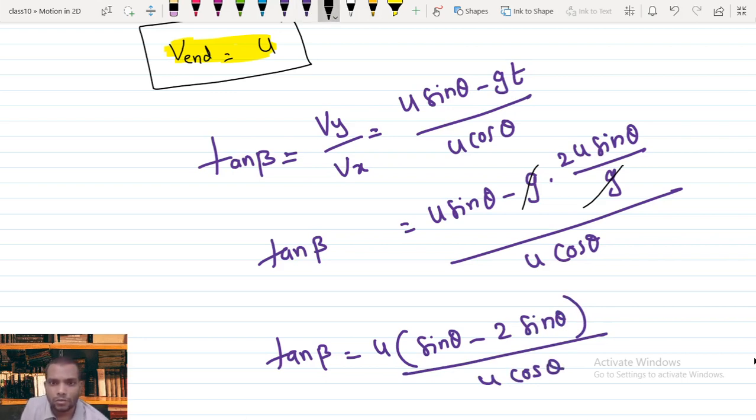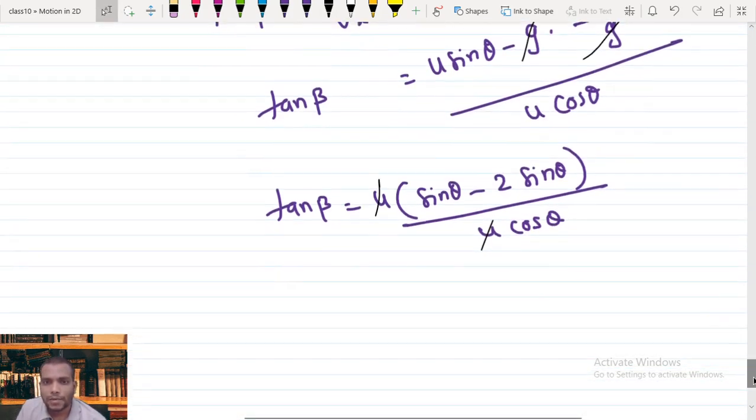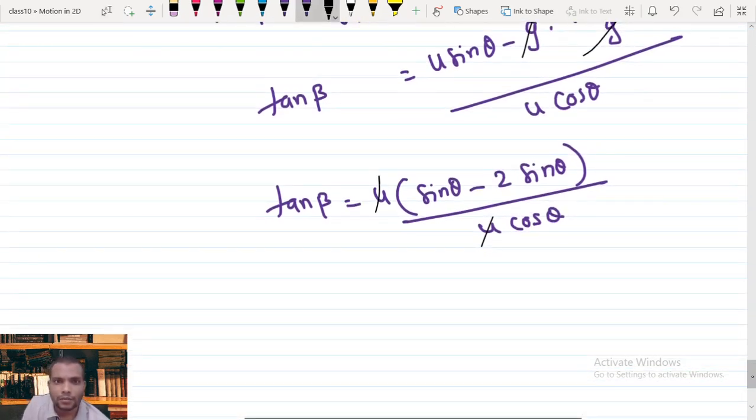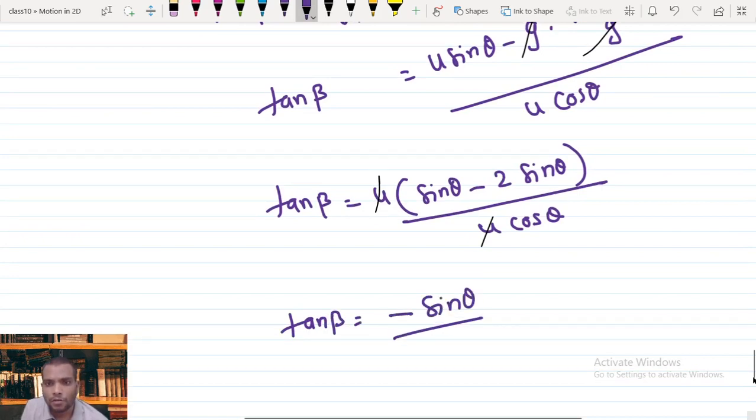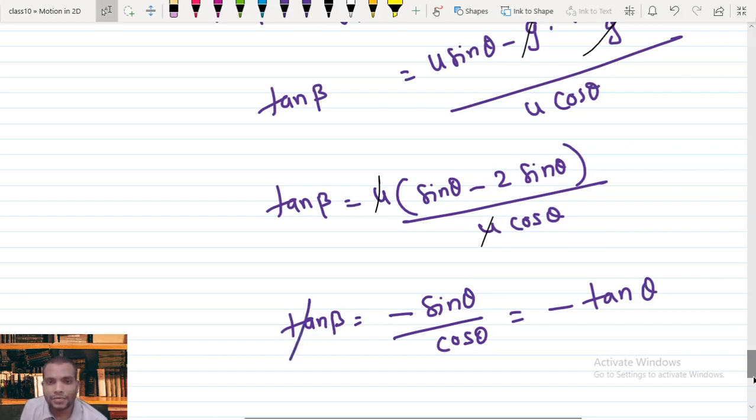Now you can cut u in numerator and denominator, and subtracting sin theta minus 2 sin theta, you get tan beta equal to minus sin theta upon cos theta. Sin by cos gives minus tan theta. On both sides tan is a function, so you can cut the tan. Now the angle beta equals minus theta.